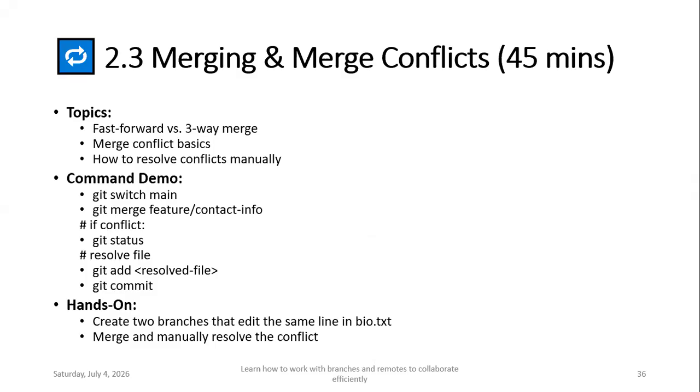Now, why merging? Merging is important because when you are working with multiple branches, usually you will have to make sure that in the end you have a single code base which you're going to deploy.